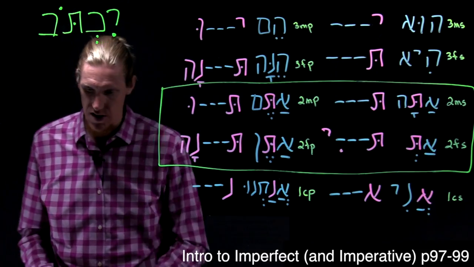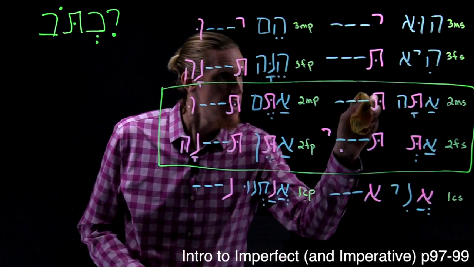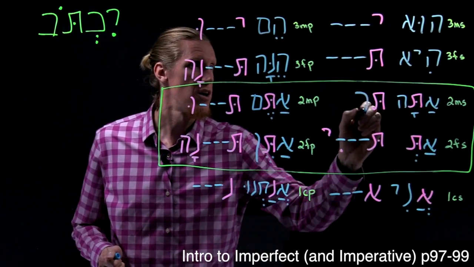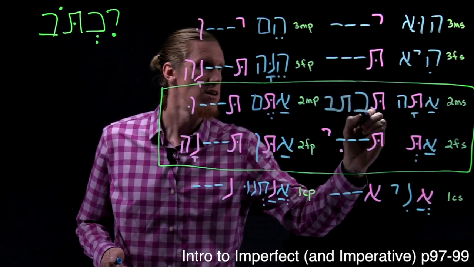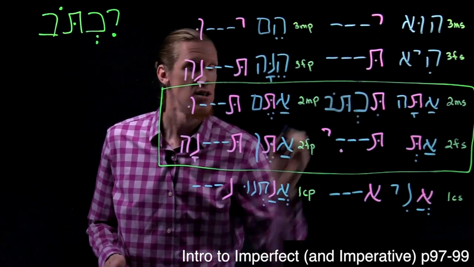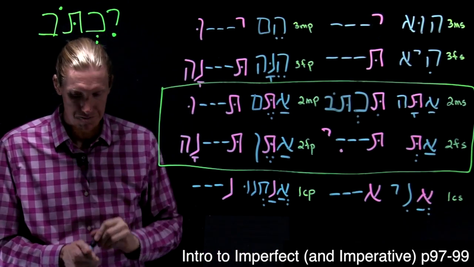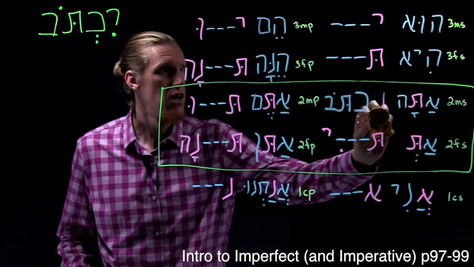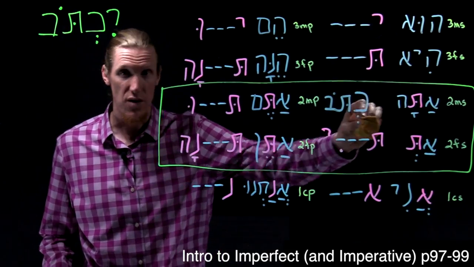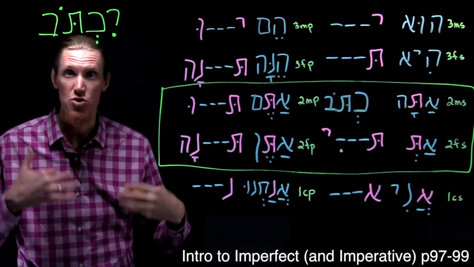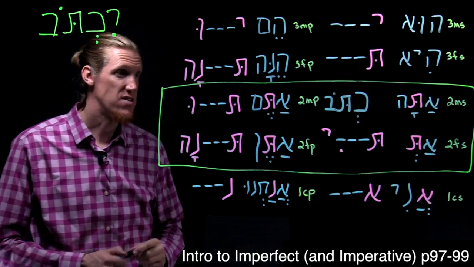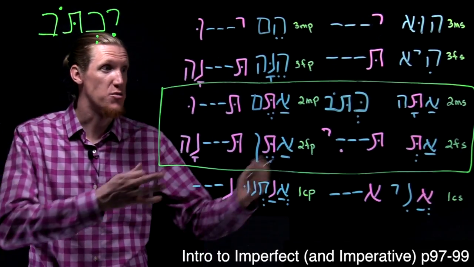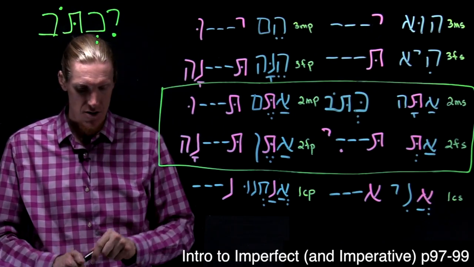The same works here in Hebrew. If we have the word tichtov, you will write, if we erase the prefix, which is the equivalent of removing the subject, removing the pronoun, we're left with simply ketov, write. So it goes from you will write to write.